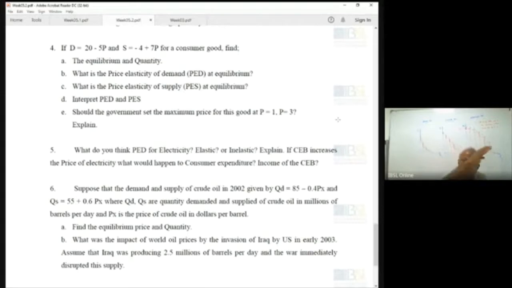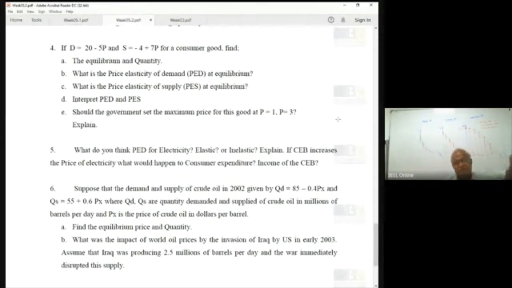Now this demand curve is linear. A linear demand curve can be represented using a mathematical equation: a negatively sloped line. The supply curve is positively sloped, and that also can be represented using an equation.